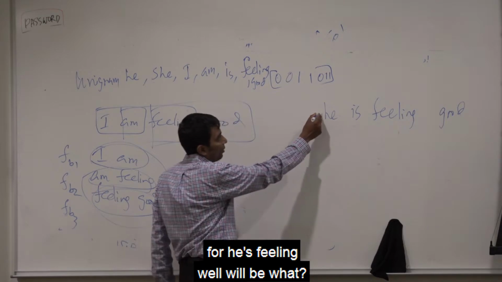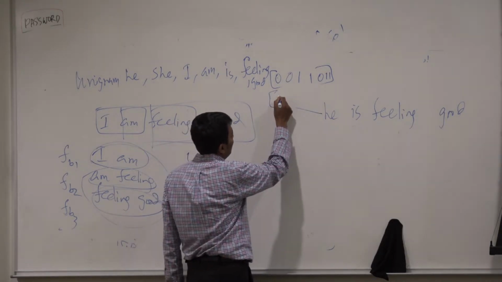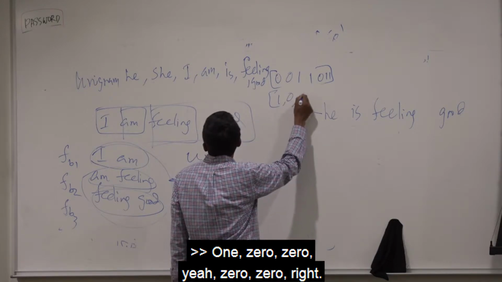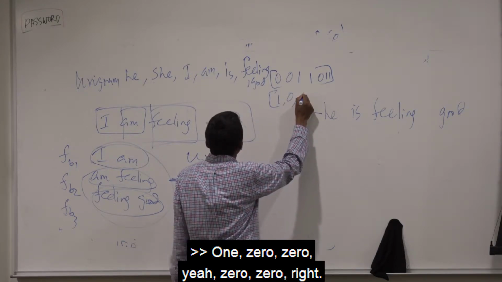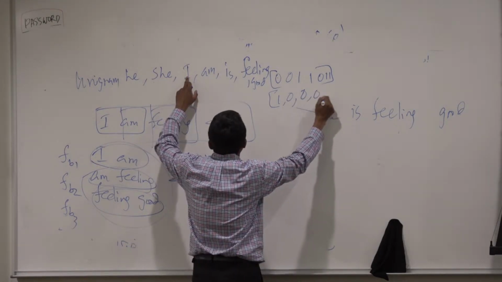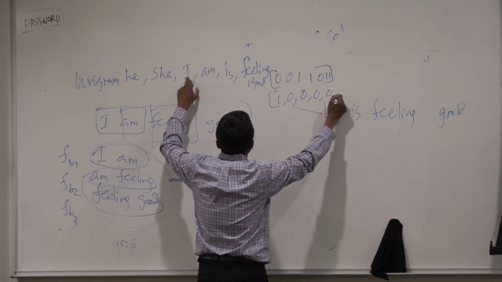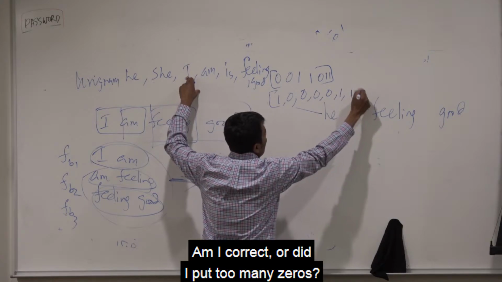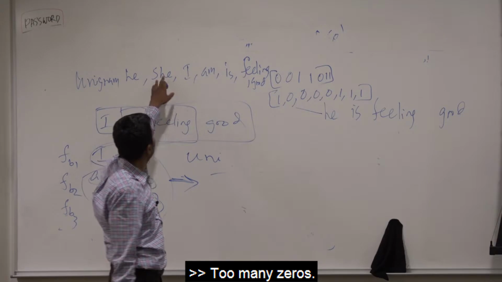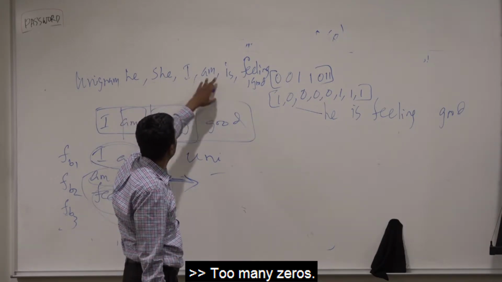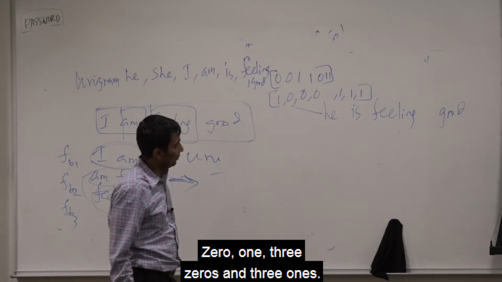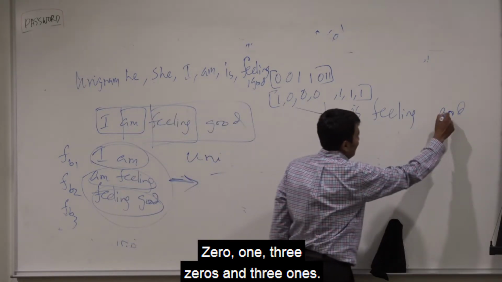So in that case, what will the unigram representation for "he is feeling good" be? 1 0 0 0 0, right? Am I correct, or did I put too many 0s? Okay, it looks like you understand better than me.